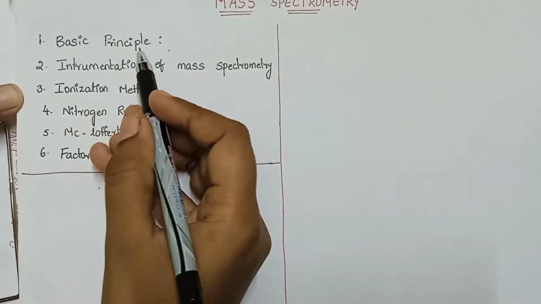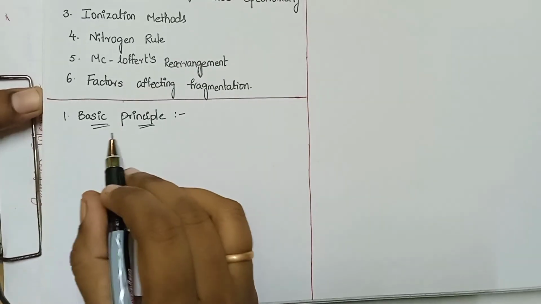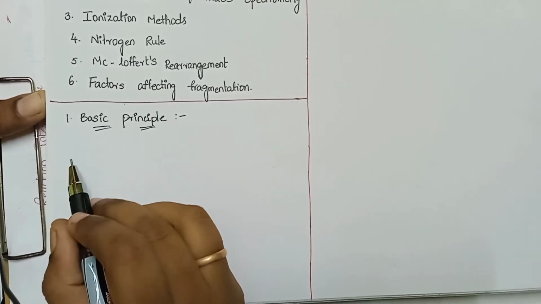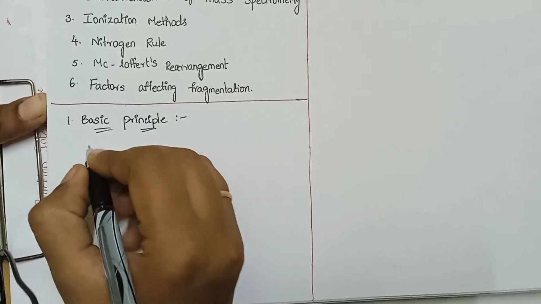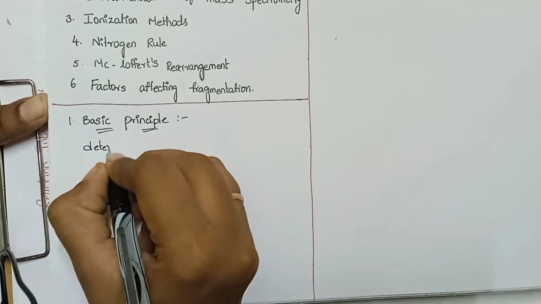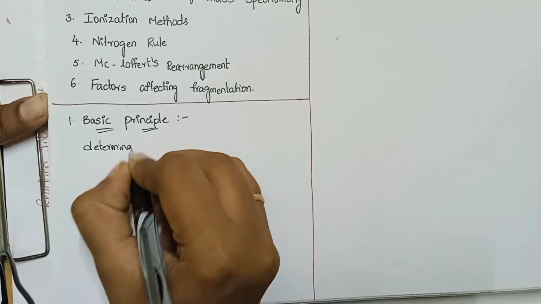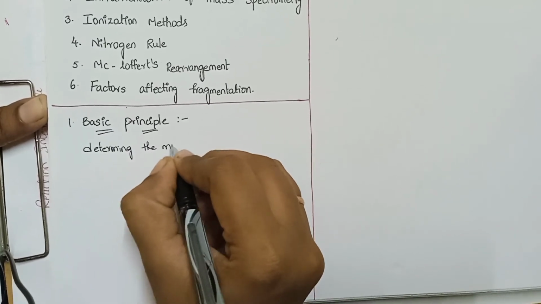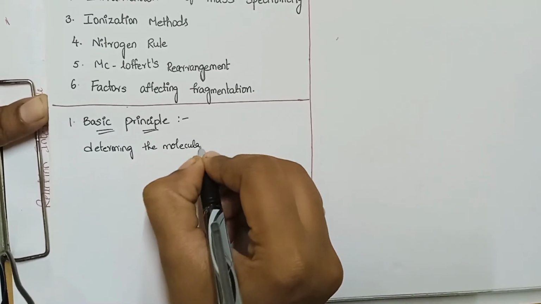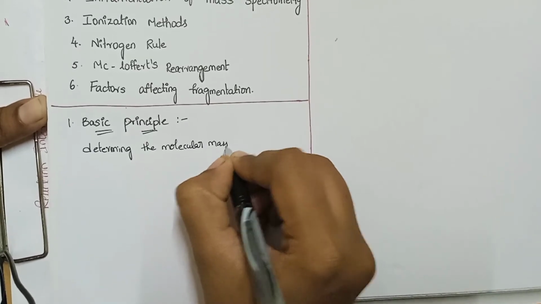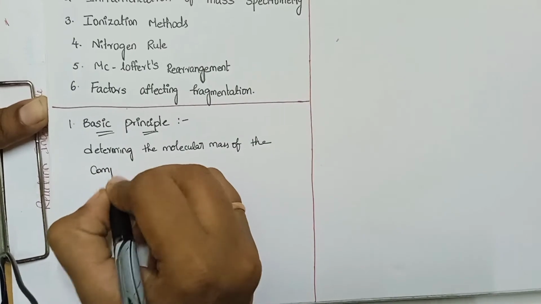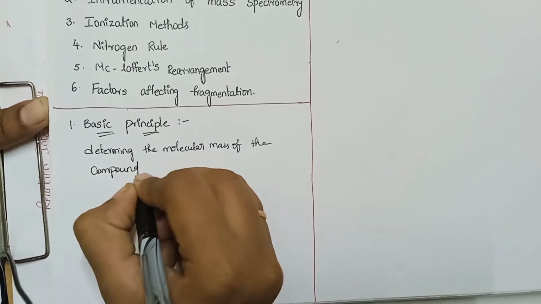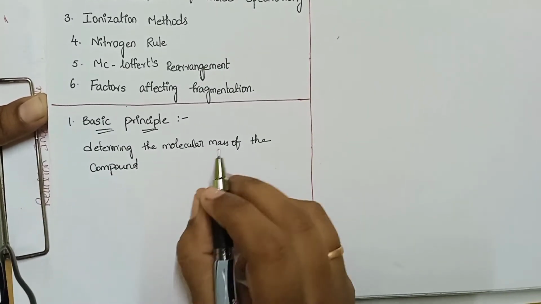So first, basic principle. Mass spectrometry is the most accurate method for determining the molecular mass of the compound and its elemental composition.